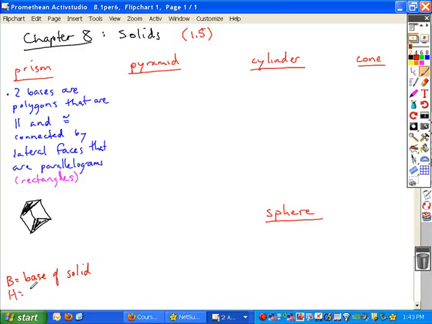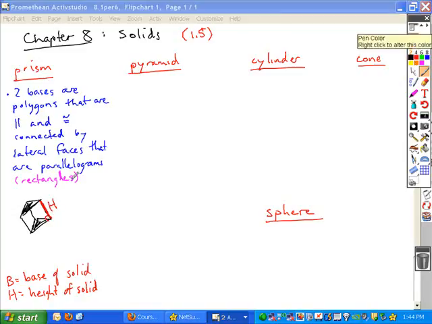Capital H will be used to represent the height of a solid. The height of a prism is the perpendicular distance between the two bases.